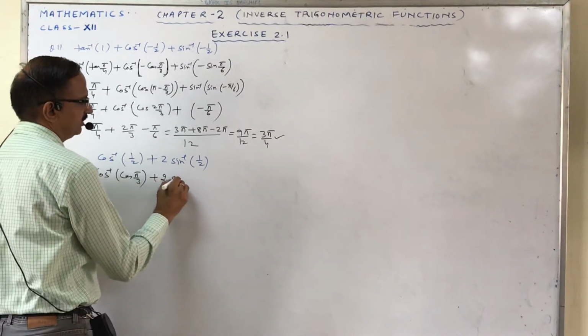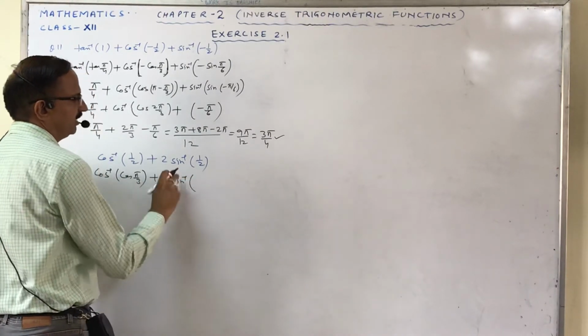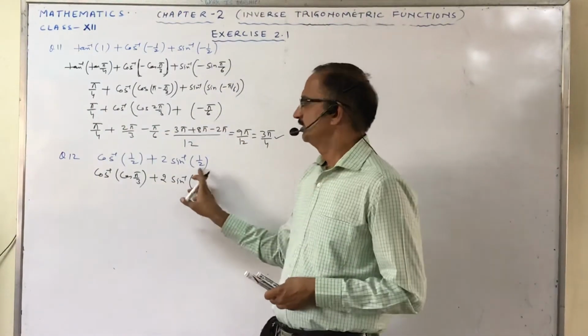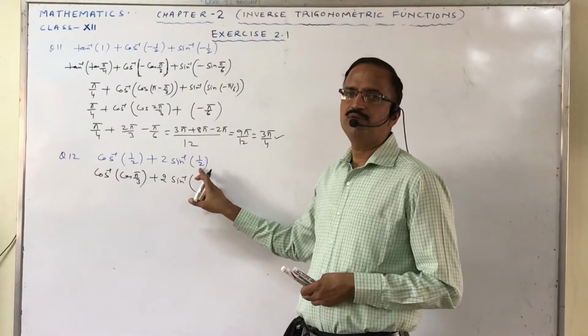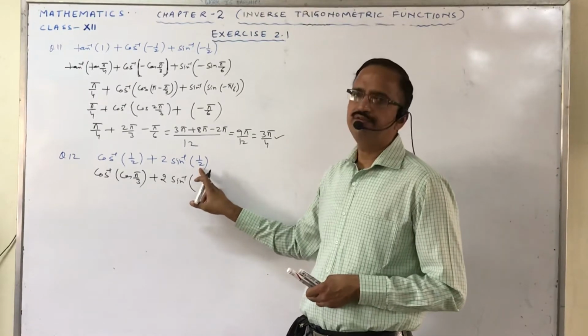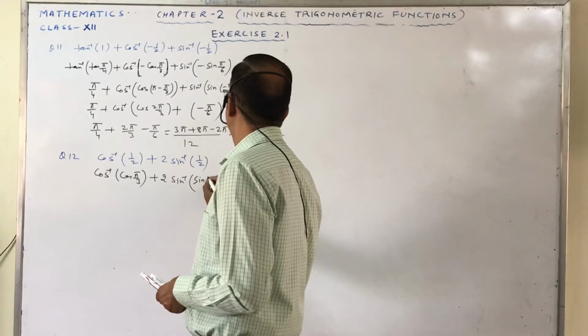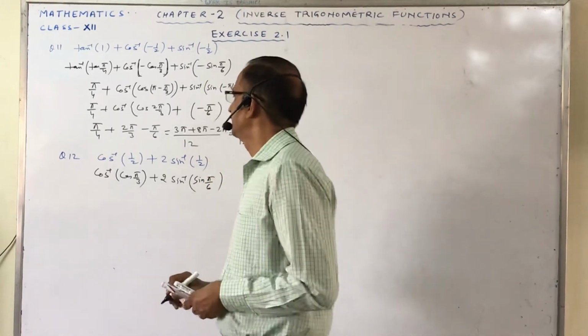2 as it is. This is sine inverse. So we will write the value in the form of sine in place of 1 by 2. And this is sine pi by 6.